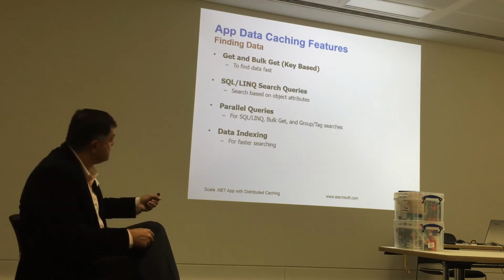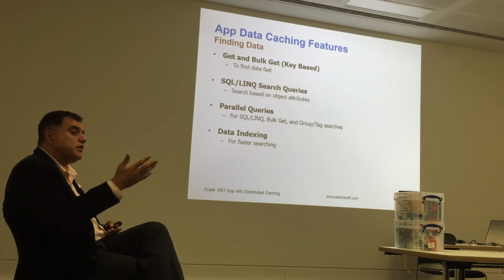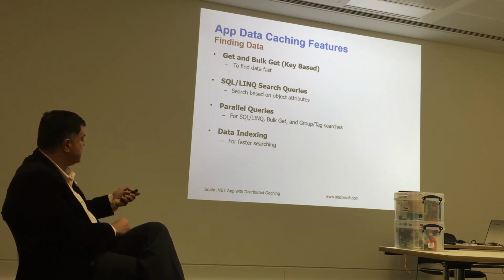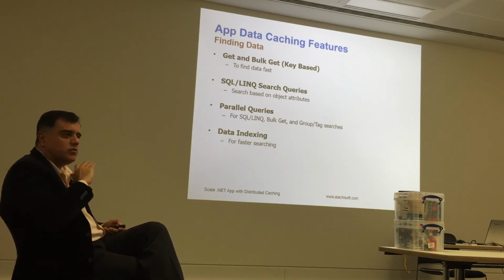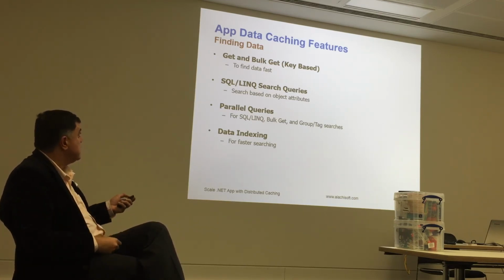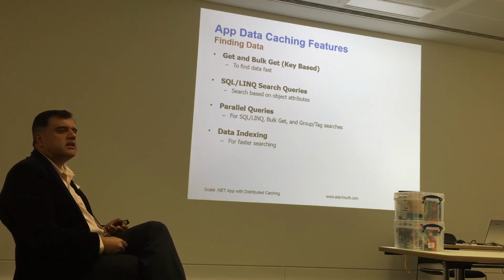So this is the first part. The second part is how do you find data? So for example, if you had all those keys, you could do a bulk get here, or just a bulk remove. So in one call you can remove it. Or you could issue a SQL or a LINQ query and say, give me all the customers where the customer.city is London.